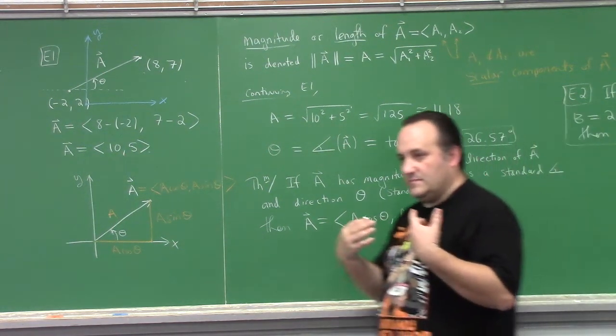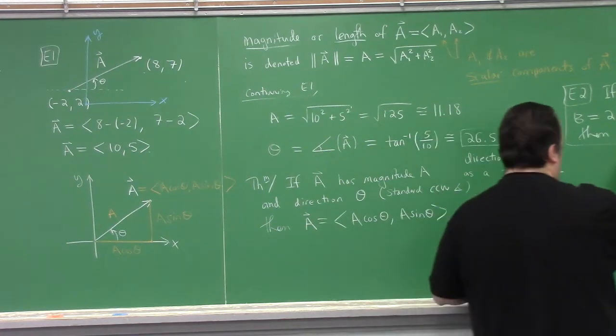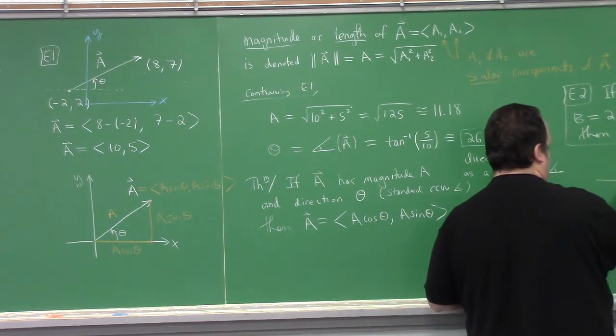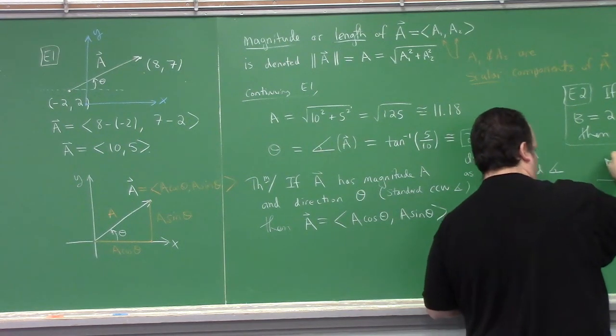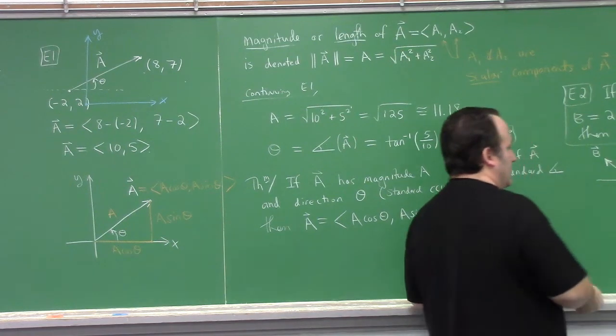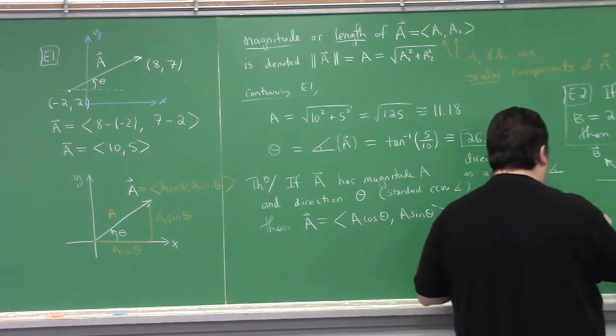Let's find its components and picture it. I'll start by picturing it. Picture it, 135, second quadrant. So B is over here, like that. It has length 2, and it's pointing that way.